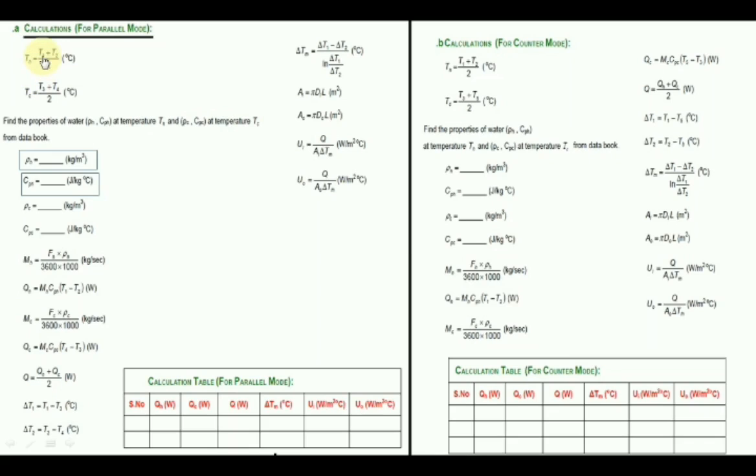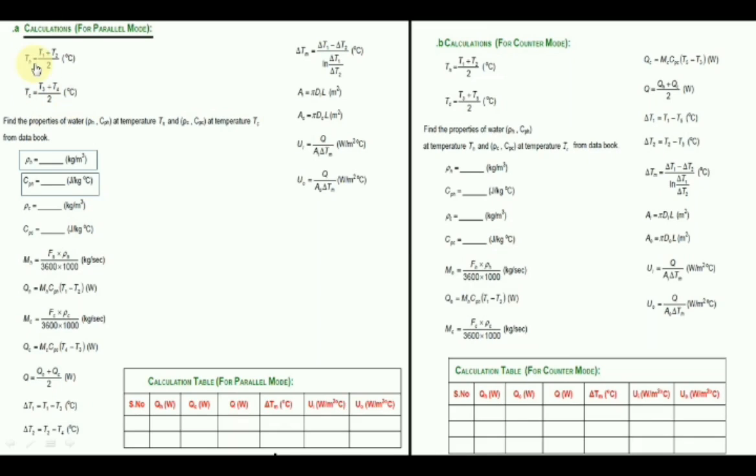We know that T1 is the inlet temperature and T2 is the outlet temperature of the hot fluid, so (T1 plus T2) divided by 2 will be the average temperature of the hot fluid. In the same way, TC, from T3 and T4, is the average temperature of the cold fluid. So TH is the average temperature of the hot fluid and TC is the average temperature of the cold fluid.